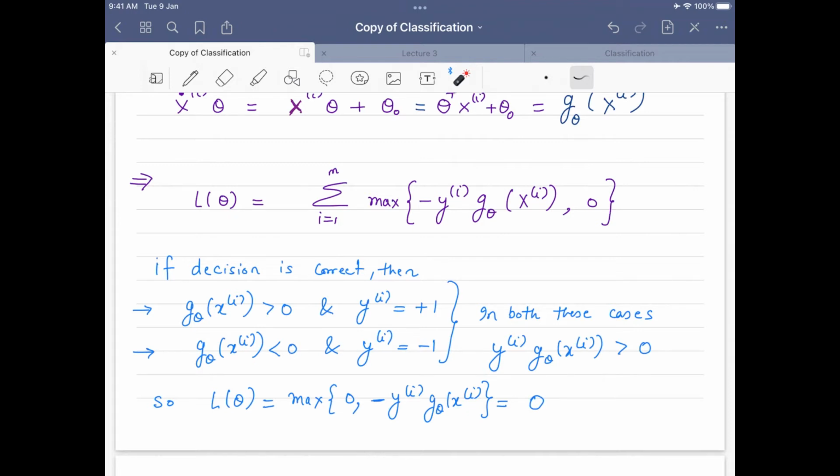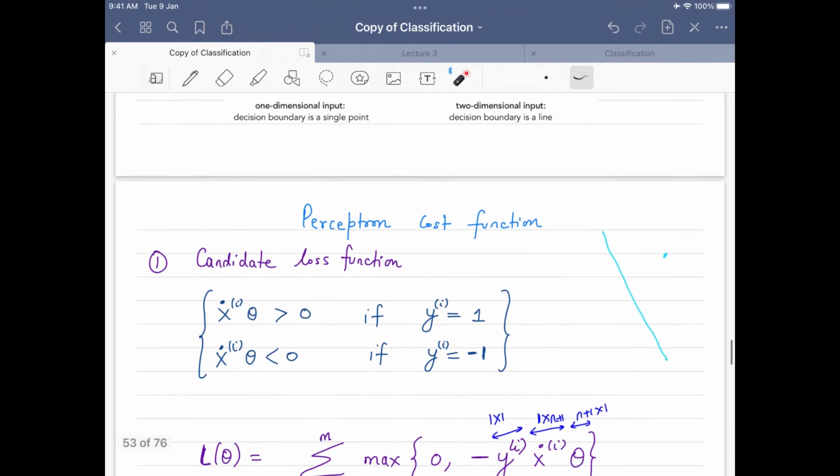So here, what we will see is how much loss we actually get if our decision is correct. Our decision can be correct in two ways. This is the decision coming from the machine, and this is the already known value of the label. If your machine gives a value greater than 0 and your label is also +1, you are making a correct decision, because we already said that if the result is greater than 0, we say its label is 1.